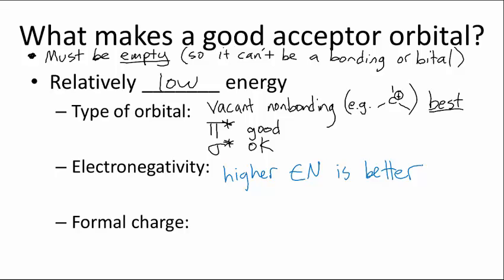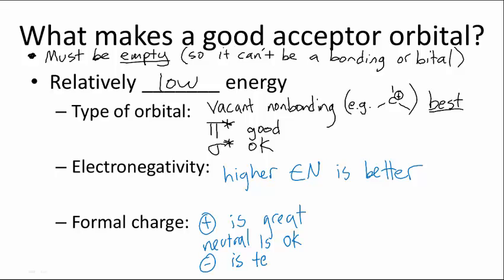And then in terms of formal charge, what kind of formal charge is going to make the orbital lower energy? Positive. So positive formal charge is great. Neutral is fine. Negative formal charge is terrible. If you think about it, if something has a negative formal charge, you wouldn't ask it to take on more electrons. So it wouldn't be happy about that.